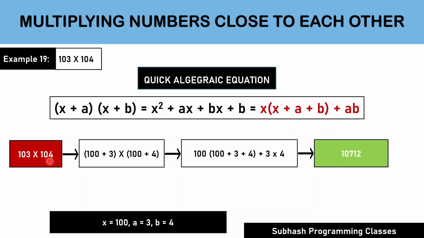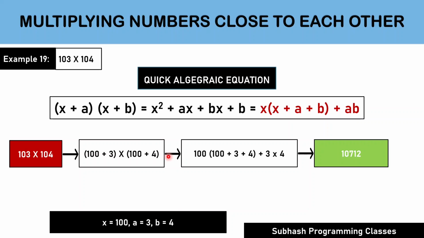That is, 103 multiplied by 104 can be written as (100 plus 3) multiplied by (100 plus 4). Therefore, by looking at the algebraic equation, we can easily say that x is 100, a is 3 and b is 4.